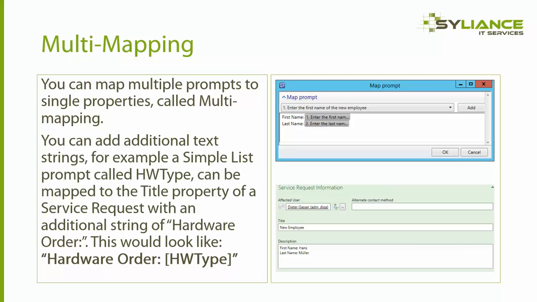The result is that the analysts working in the Service Manager console can see all the information required to actually work on the service request in the description field. And of course, instead of the description field, you can use any other field that is compatible with the data type of your user prompts.